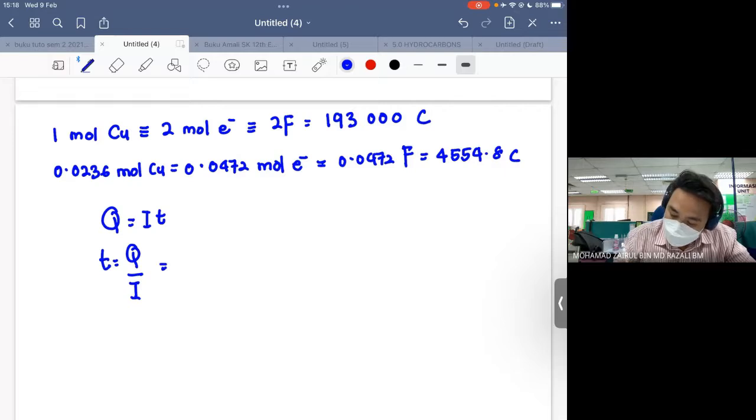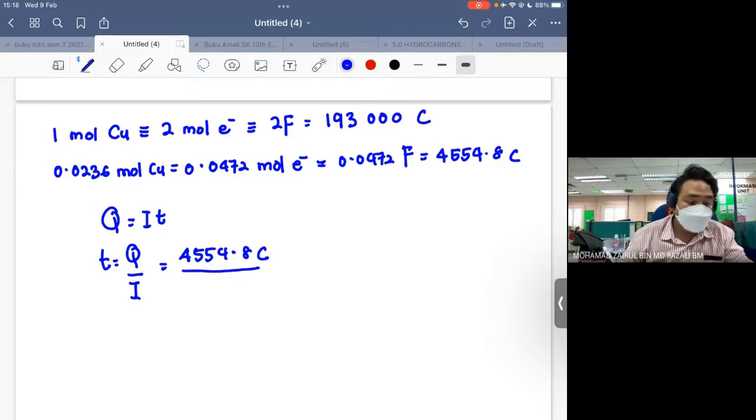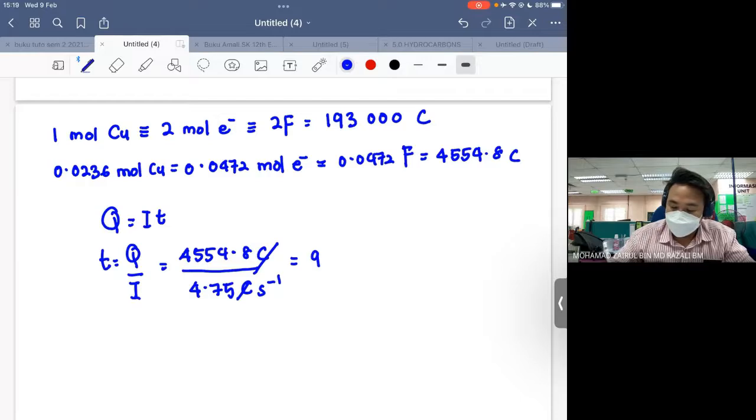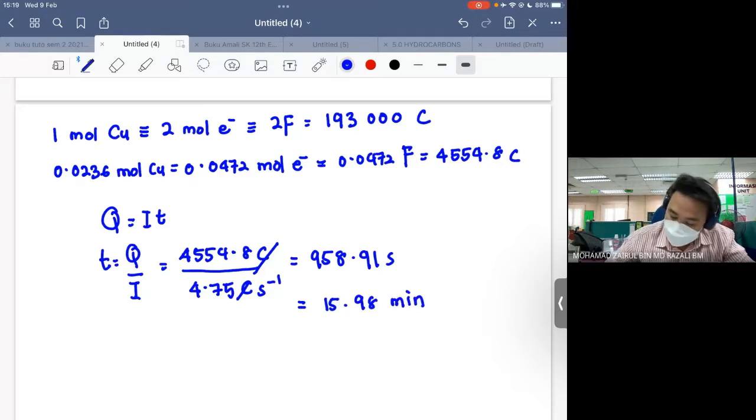The charge adalah 4,554.8 coulomb and the current tu dia bagi tadi 4.75 coulomb per second. So kalau awak kira, awak akan dapat 958.1 second. But the question want the answer dalam minit kan. So sama dengan awak divided by 60, awak dapat 15.98 minit. So this is your final answer.